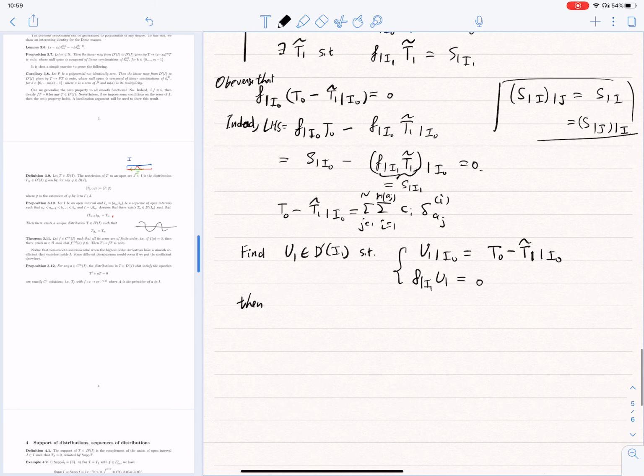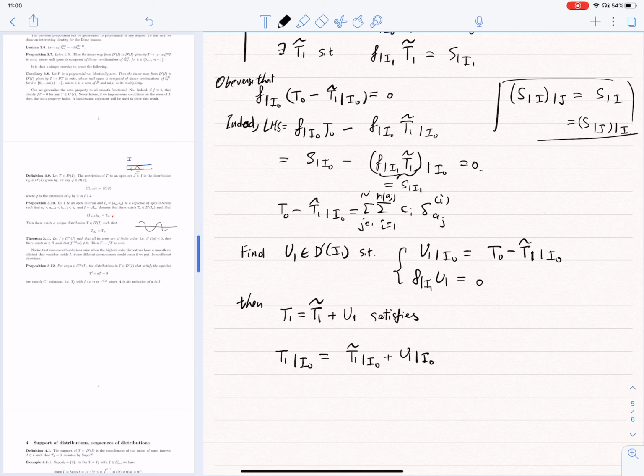Then if such a U1 exists, we can define T1 to be T1 tilde plus U1, which satisfies T1 restricted to I naught equals T1 tilde restricted to I naught plus U1 restricted to I naught.